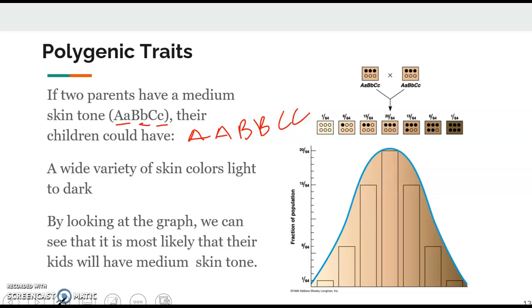Or they could be on the other end, where they got all lowercase letters, because both parents have that. As well, they could get any combination of that. They could get two uppercase A's, two lowercase B's, one uppercase C, one lowercase c, and that is why skin color and things like that show so much of a range.